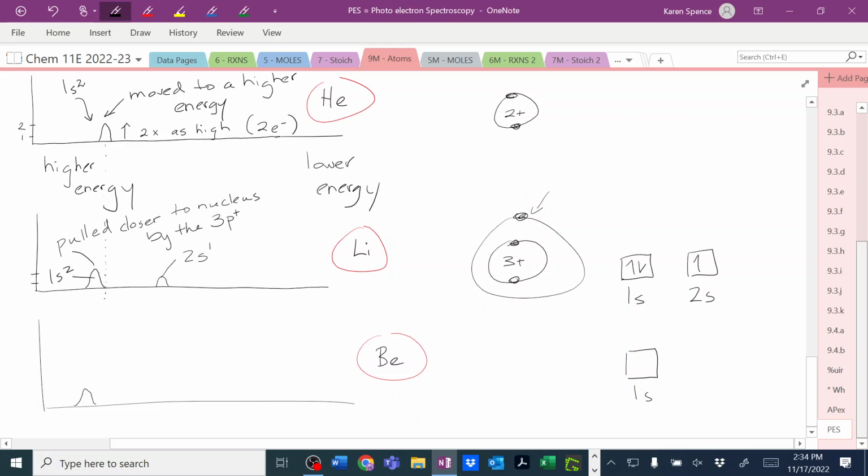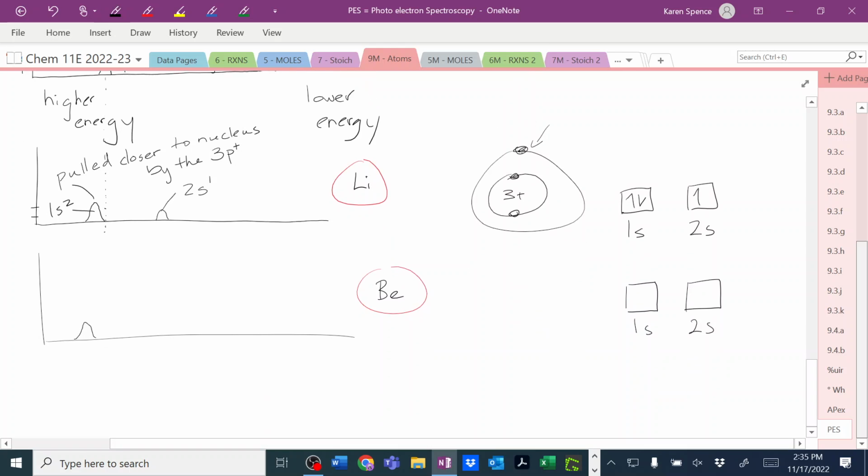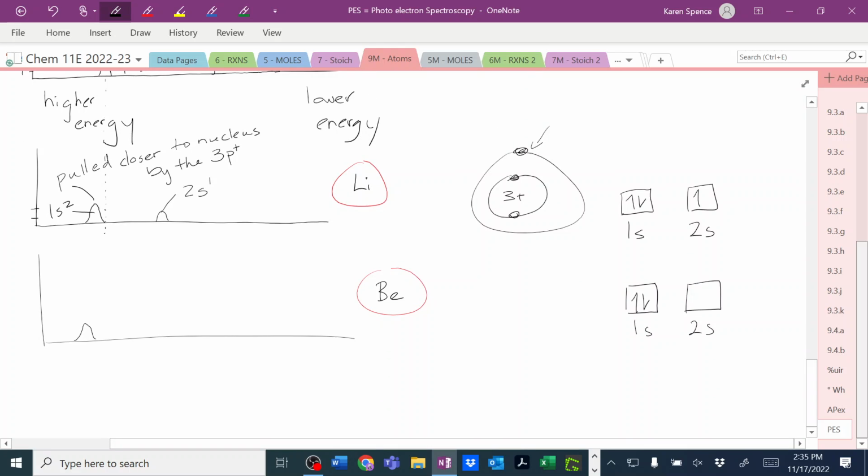This is where I get a little unhappy because I feel like I'm trying to make a judgment call on which factor is more important, and I'm not given particular direction by my resources as to why one factor is more important than the other. But when we have this last electron that goes in, it is paired. And when it is paired, there is a little bit more electron-electron repulsion.